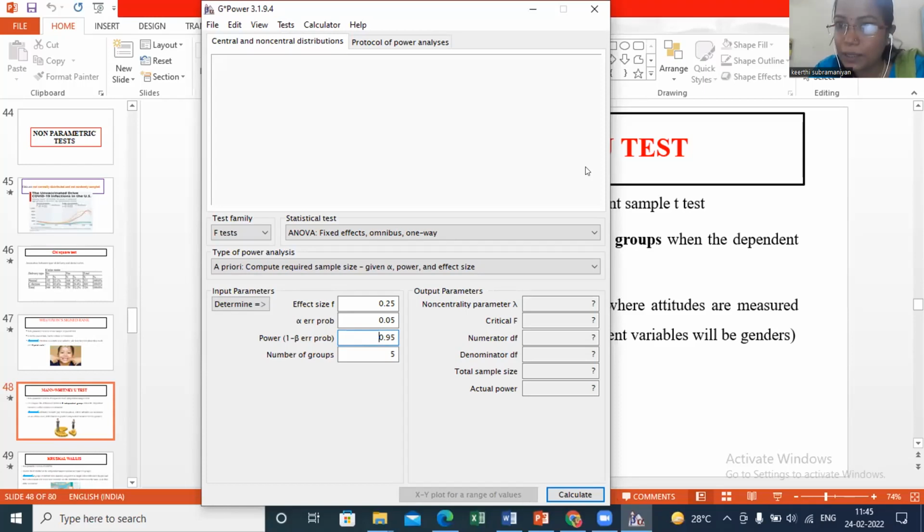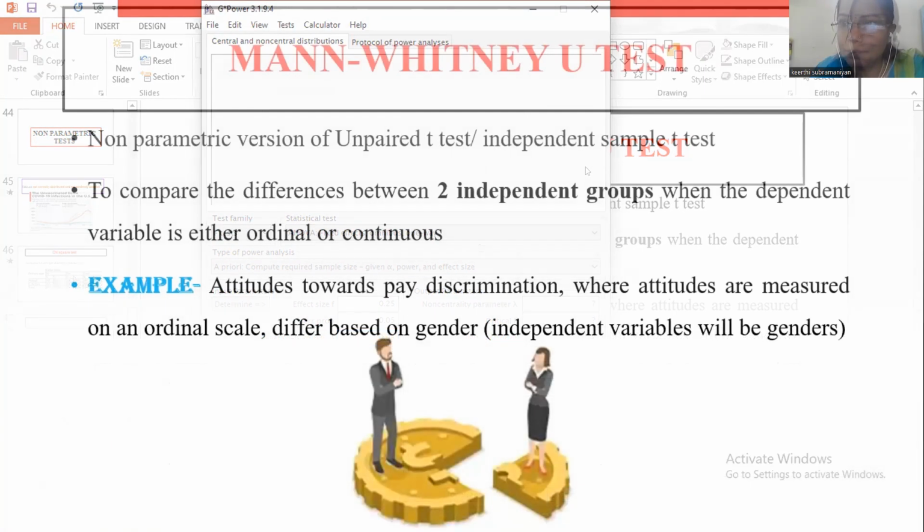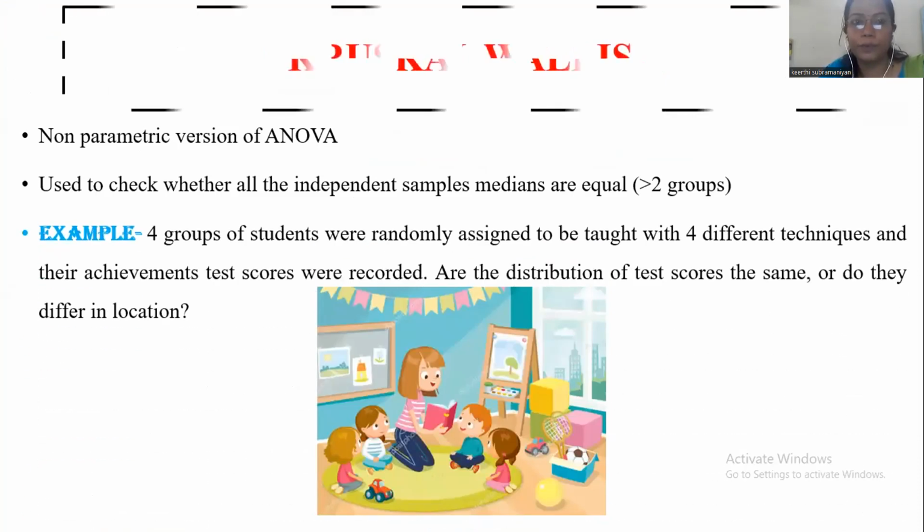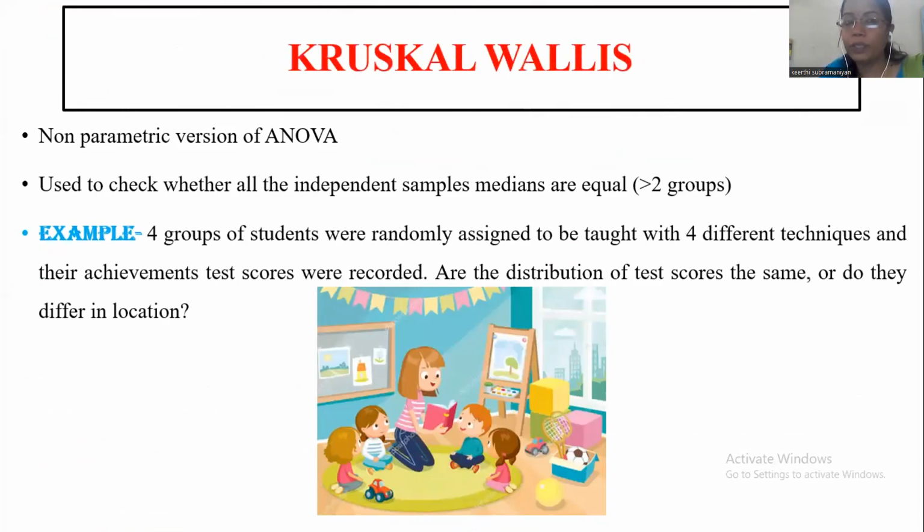I repeat, for Kruskal-Wallis, which is a non-parametric test, you have to add 15% of the sample calculated in ANOVA. So Mann-Whitney is a non-parametric test when you have two groups. The non-parametric version of ANOVA is Kruskal-Wallis. You are going to add 15% extra subjects here.